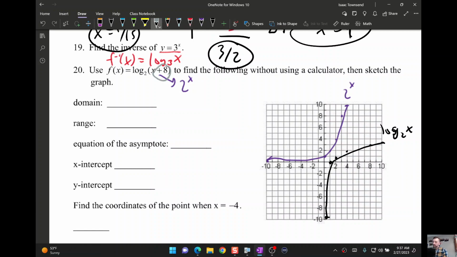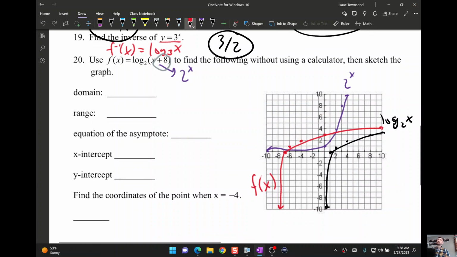Left 8, so I've got like 4 points here that I'm sure about. Shift them all left 8. Everything moves left 8, including the vertical asymptote. So if it was at x equals 0, now it's at x equals -8. And then I believe that's what I should be looking at.